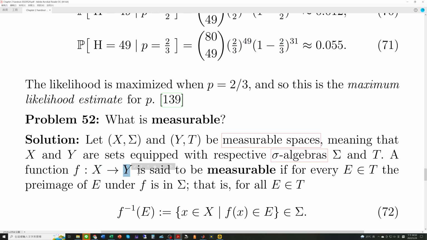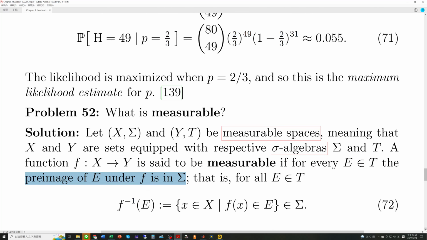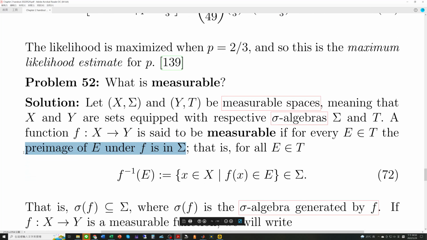Is said to be measurable if for every E in T, the preimage of E under f is in Σ. So what does this mean? What is preimage? We will explain it in the next sentence.